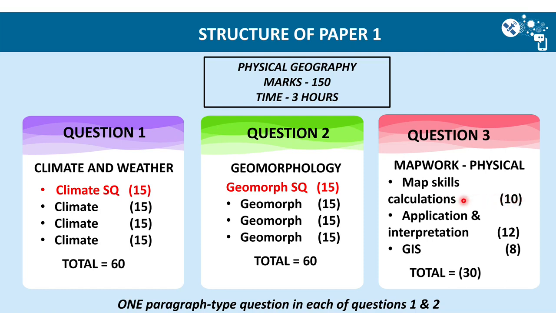So here you could be asked anything like calculation of distance, calculation of area, bearing, gradient, etc. Then the application and interpretation of the map. Here's where you can be asked the climate questions and the geomorph questions. 12 marks will be allocated to that section. And then 8 marks worth of GIS questions, giving me 30 marks in total. 30 plus 60 plus 60 gives me 150 marks.